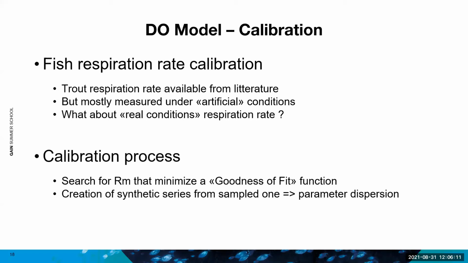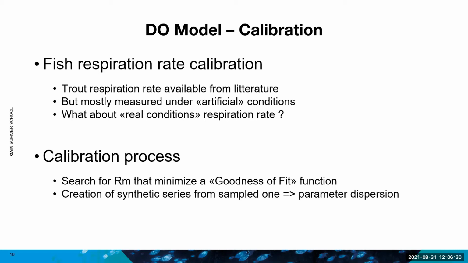There are some, but we thought it was very pertinent to try to build a precision fish farming system, which means real conditions, and to try to make an estimation of this fish respiration rate.